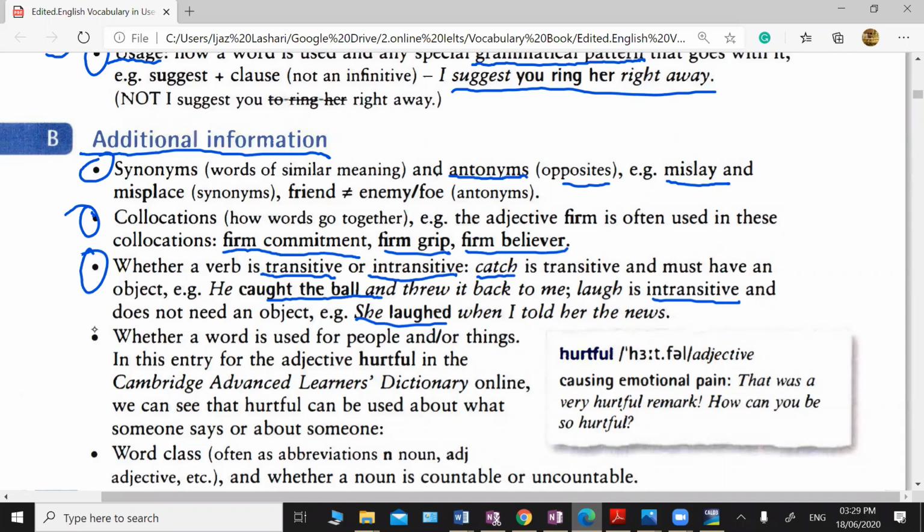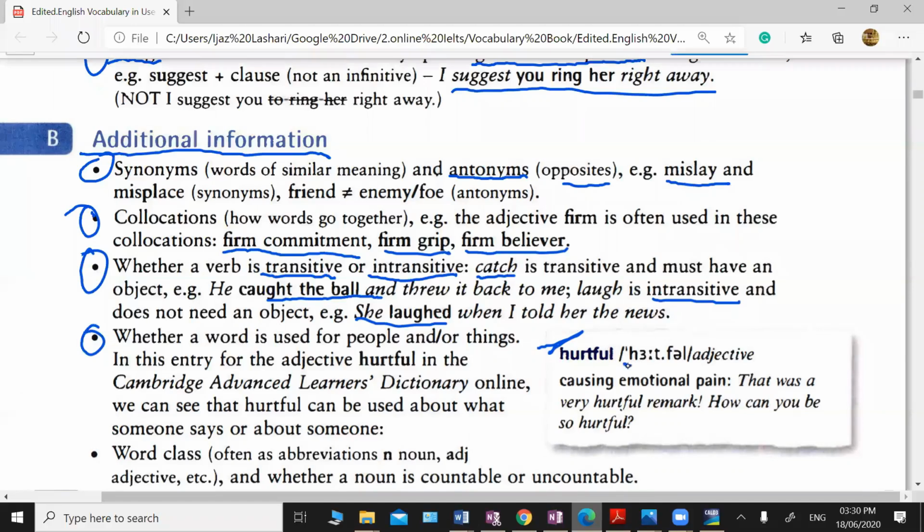The next thing is whether a word is used for people or things. In this entry of the adjective hurtful, in the Cambridge Advanced Learner's Dictionary online, we can see that hurtful can be used about what someone says or about someone. Now see the word given here, hurtful.